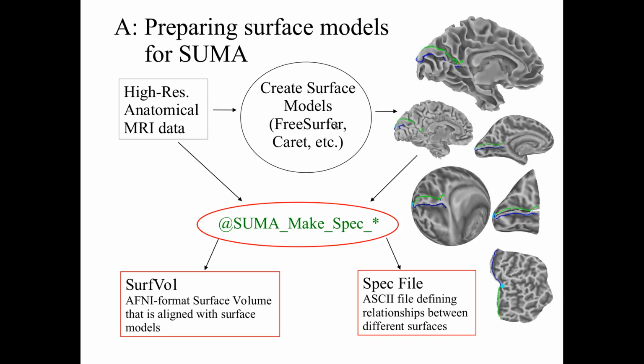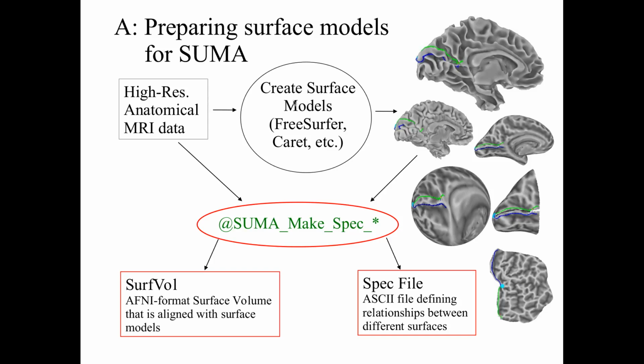For example, FreeSurfer is a common one. It provides not only surfaces, and actually a family of surfaces that you can see a little bit here, but also anatomical parcellations of the cortex and a bit of the subcortex. So a couple of useful functionalities.